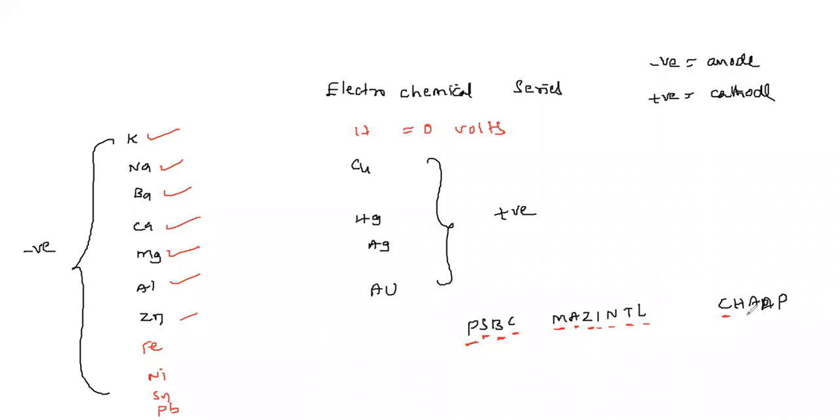Then copper, H means mercury, then silver, then one more, platinum. PSBC, MAZINTL, CHOP. You can easily identify whether it is an anode or cathode. Negative values are anodes, positive values are cathodes. Is it clear? In your textbook, you have almost 20 metals' electrode potentials. It is very difficult to remember all these, so go by this order and you can easily identify whether it is an anode or cathode.